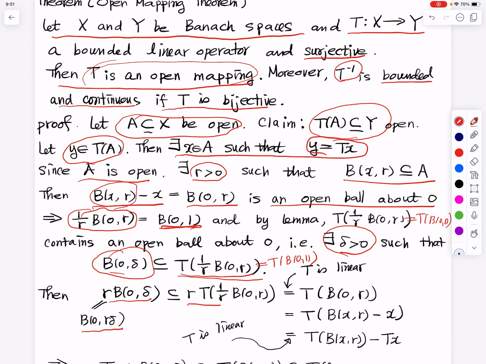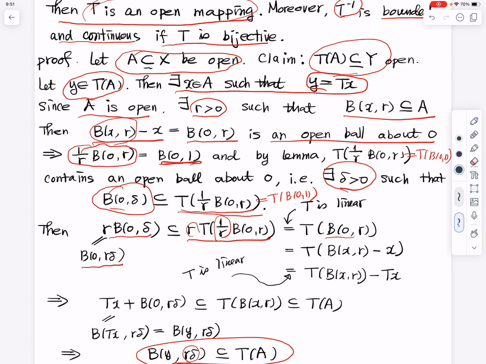Since T is linear, this r comes inside the T, and this will be cancelled here, and then T of B(0,r) is again T of B(x,r) minus x.